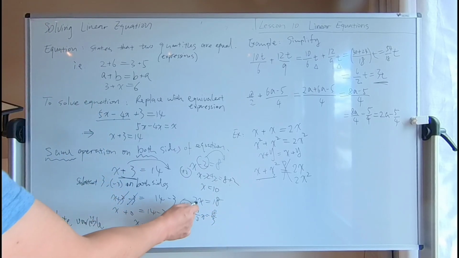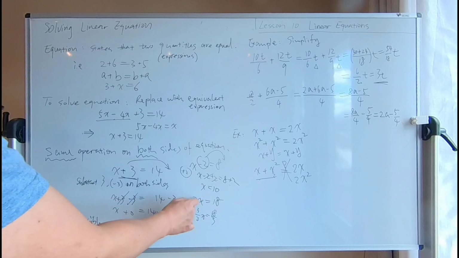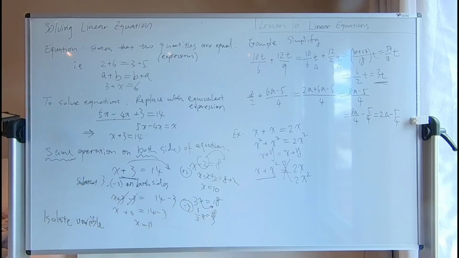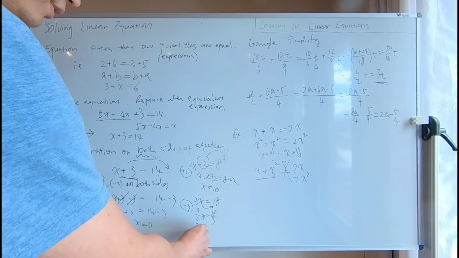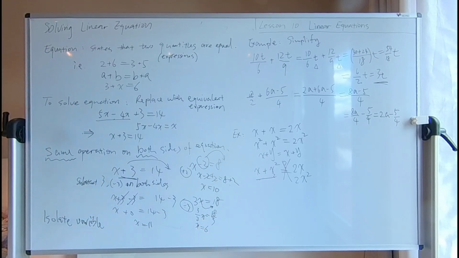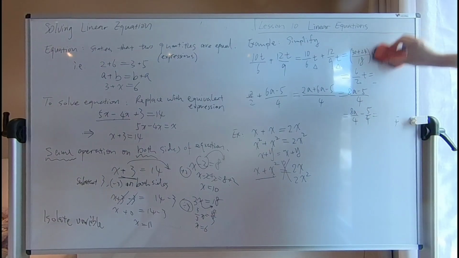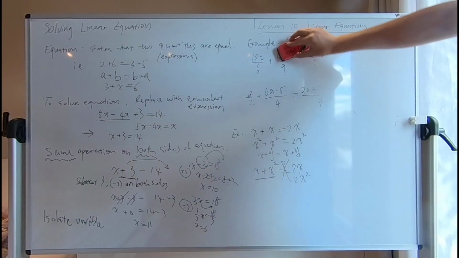So it's like moving a multiple of 3 to the bottom of the right-hand side, becoming 18 divided by 3, then x is 6. Okay, so these are the basic techniques to simplify the equation.